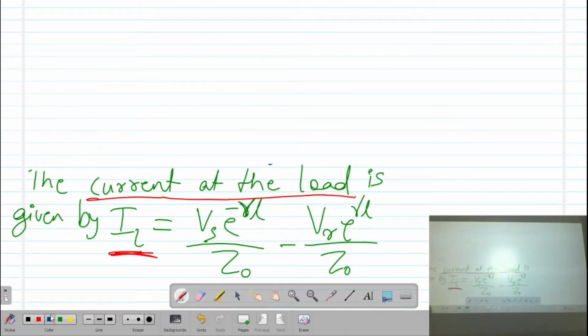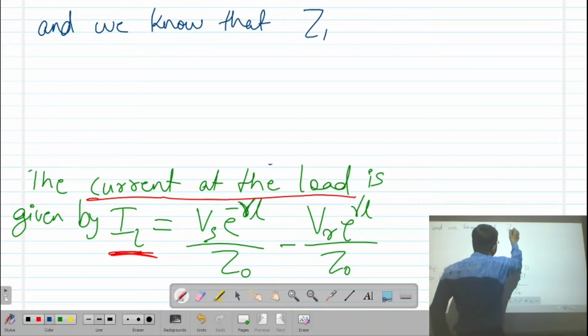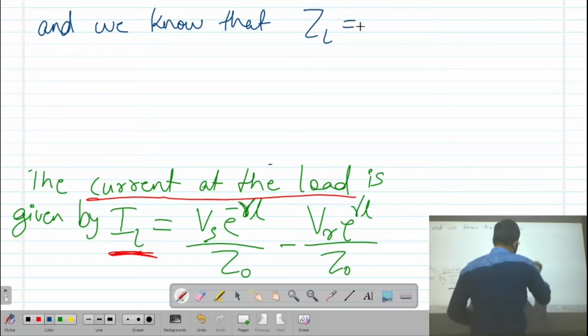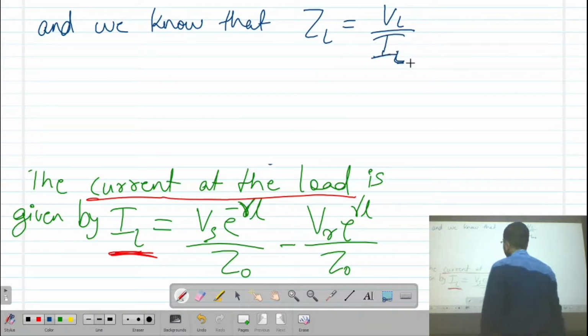Now moving ahead, we also know that ZL is given by VL by IL. This is nothing but the load impedance.